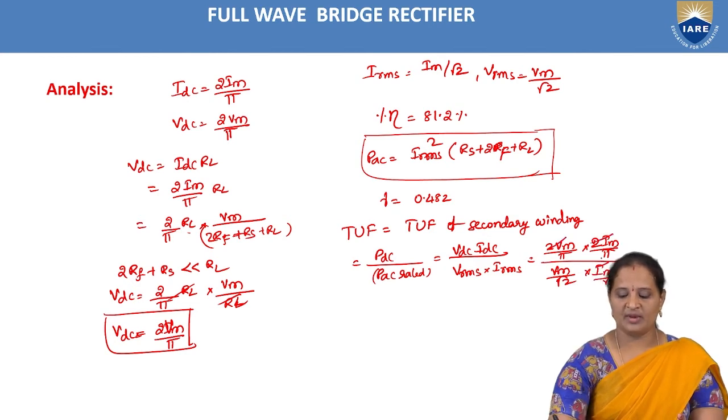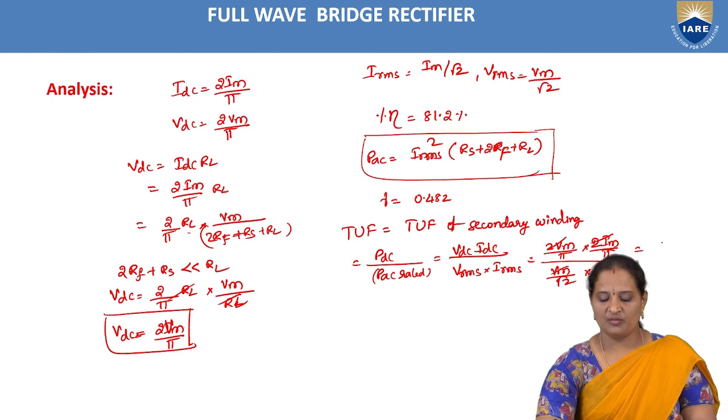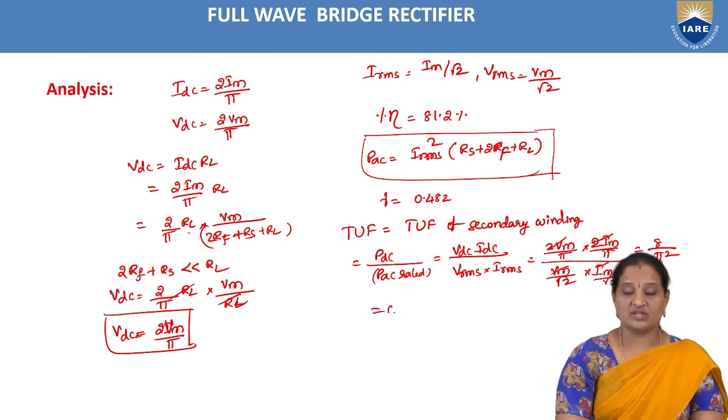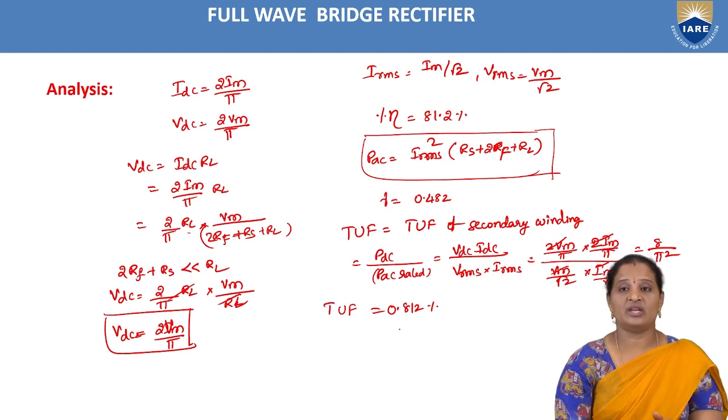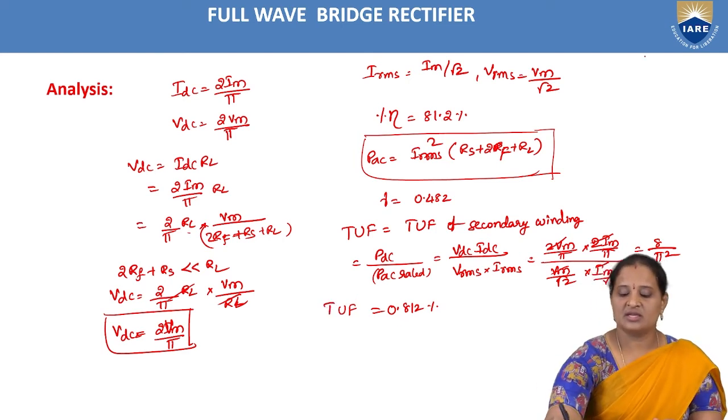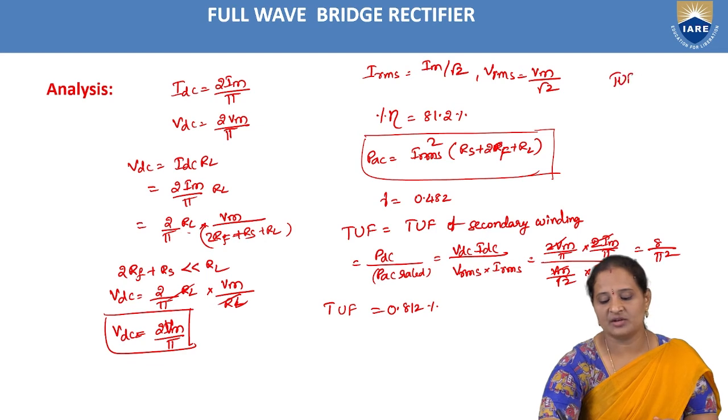Vm and Im get cancelled, so we get 8 by pi square, which is equal to 0.812. So the transformer utilization factor of this bridge rectifier is 0.812, whereas the transformer utilization factor of the center tap full wave rectifier was 0.693.